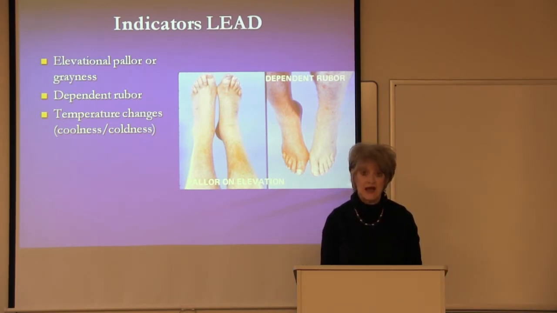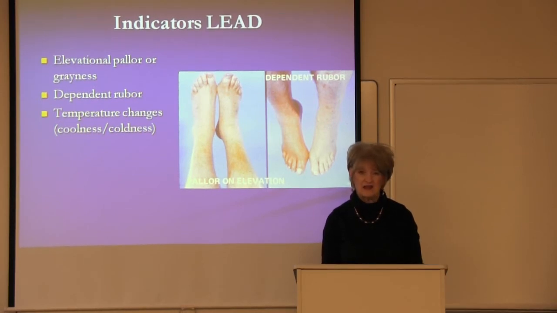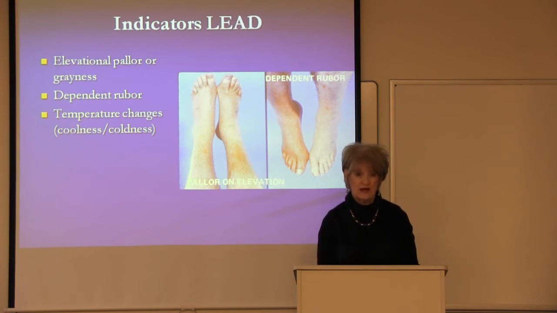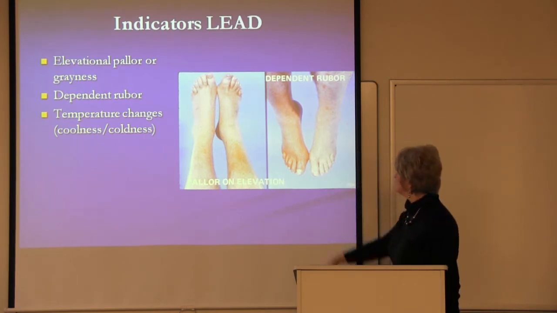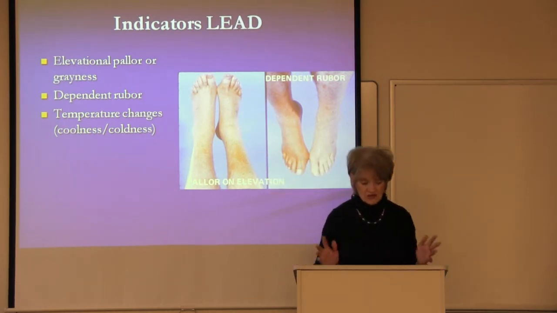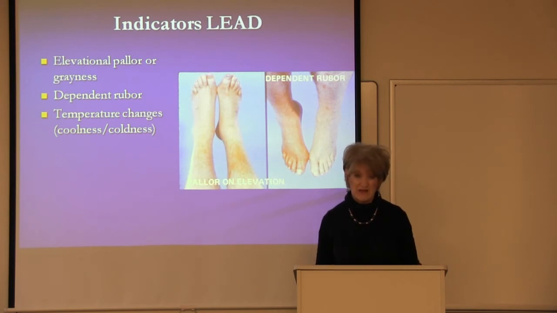They're chronically dilated, trying to meet the tissue's needs for oxygen. And so you get what we call dependent rubor, that kind of purple-red discoloration from mid-calf down that occurs in patients with lower extremity arterial disease when they have their legs down. So you can see here dependent rubor, elevational pallor. You'll also get temperature changes, but that's not nearly as significant because a lot of people have cold feet, even though their perfusion is absolutely normal.